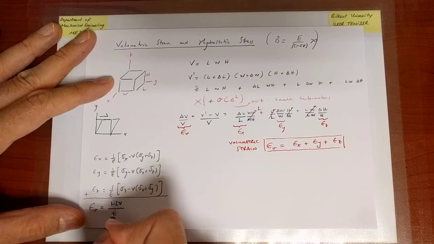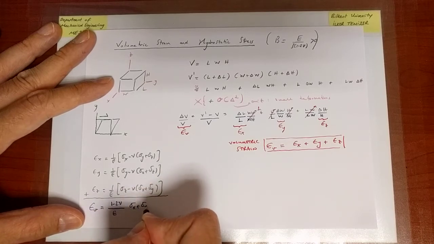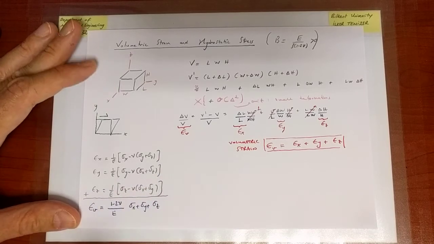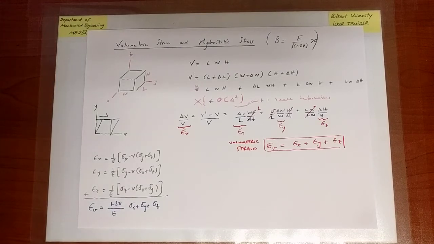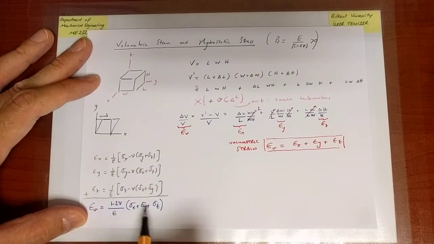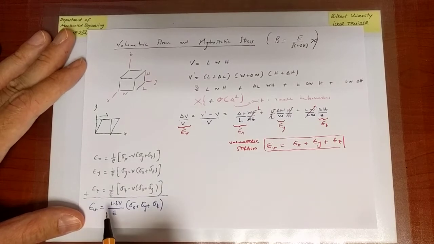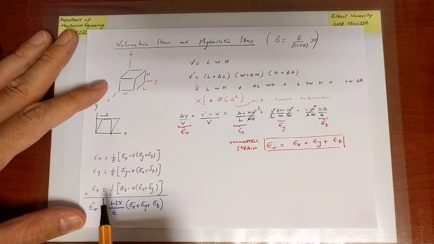So 1 minus 2 nu is like a factor, and then we have sigma x, sigma y, and sigma z appearing here. So now we have a certain combination of normal stresses coming from generalized Hooke's law, which governs, as I promised, the volumetric strain that we have just defined.